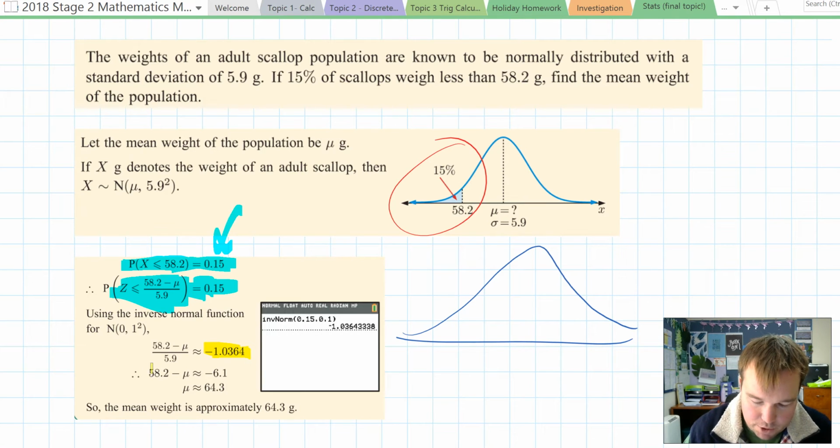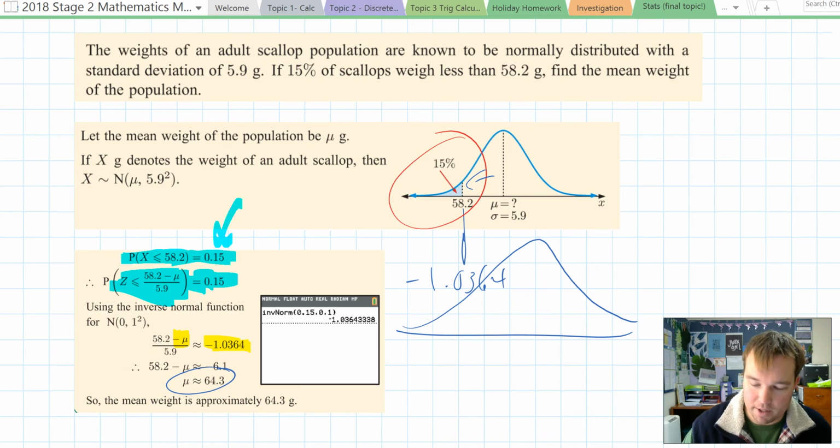Therefore, 58.2 take the mean divided by 5.9, which is our standard deviation, is equal to this. Basically what it's saying is that this here is 1.0364 standard deviations down from the mean. And by using a z-score, we can then calculate, well, what the mean must be using our z-score calculation, which works out to be 64.3.